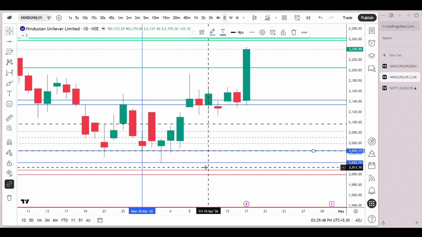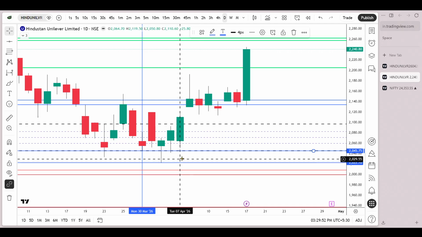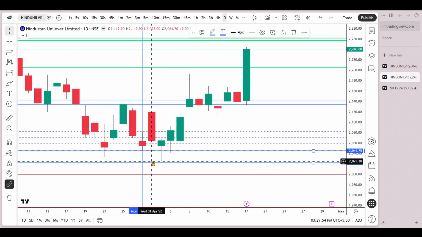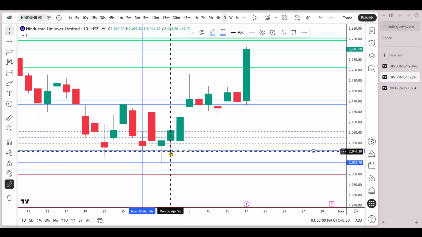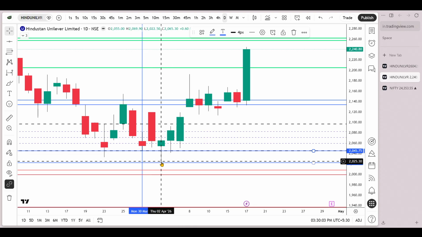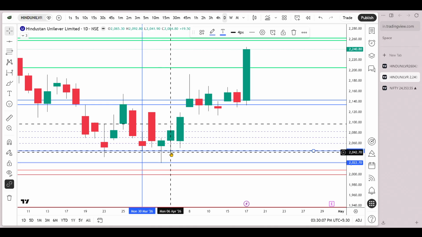Weekly is a doji, and on the daily frame this is a hammer candle. Now we can take entry on this area or this area also. Suppose you missed here, you can trade here, anything is fine.